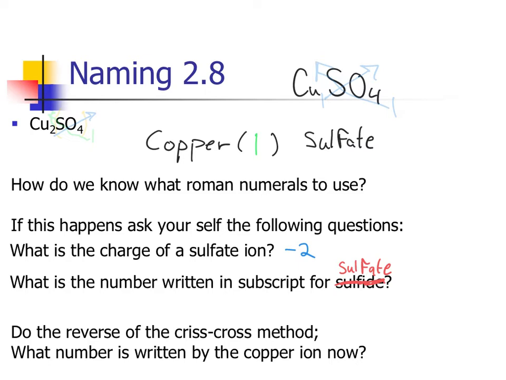And I know that that would be incorrect because the sulfate ion is supposed to have a -2. So then I have to think of, okay, in what scenario would a -2 charge result in no crisscrossing? That would be if the cation had a +2 charge.